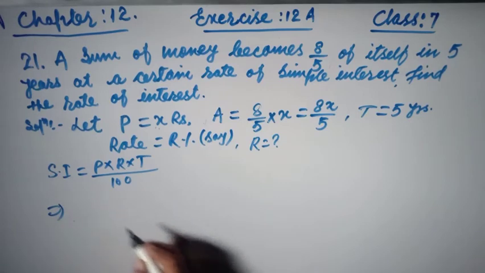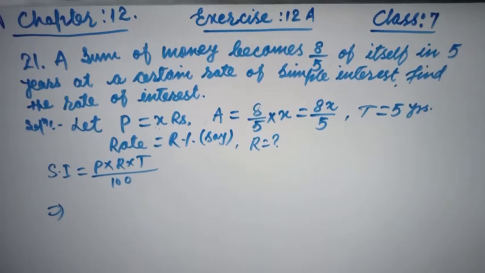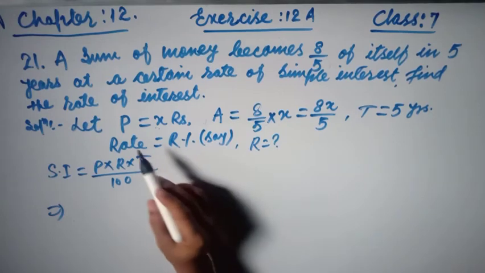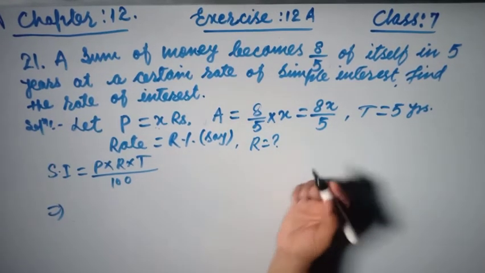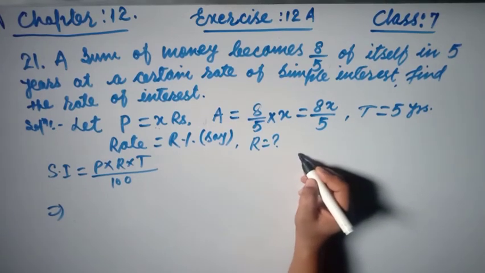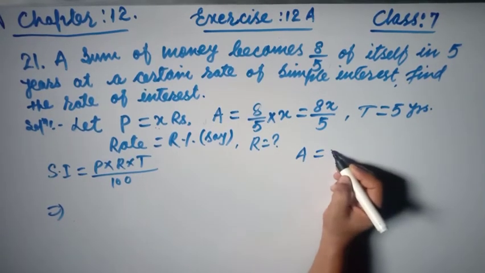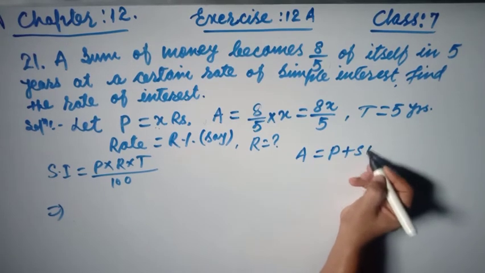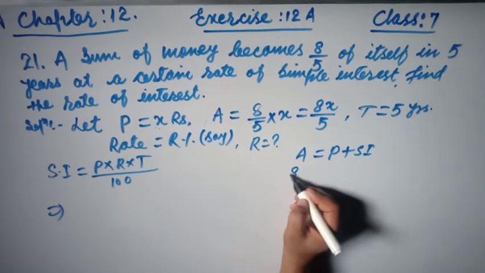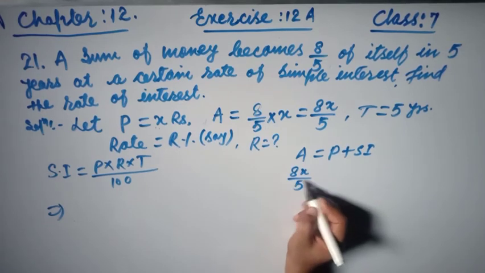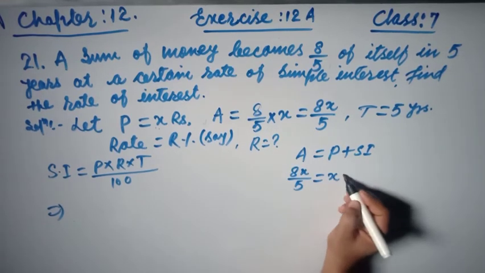Now the amount is given, friends. So first A is equal to P plus SI. So A is given: 8x divided by 5 is equal to P, which is x, plus SI.